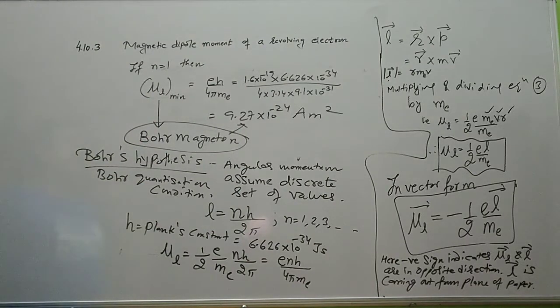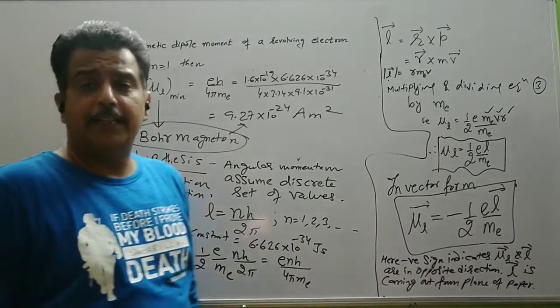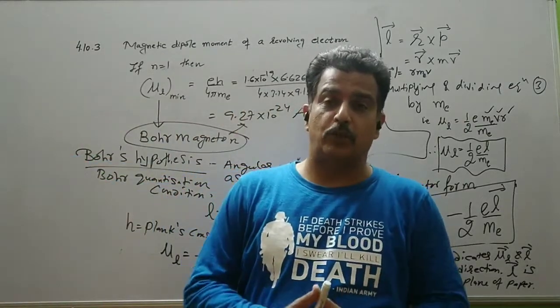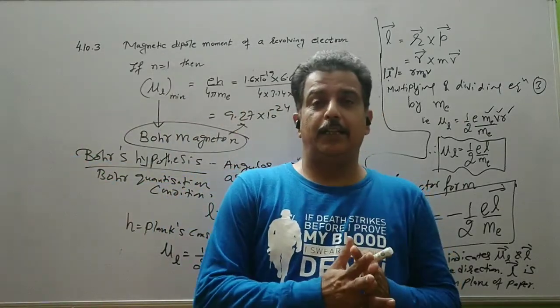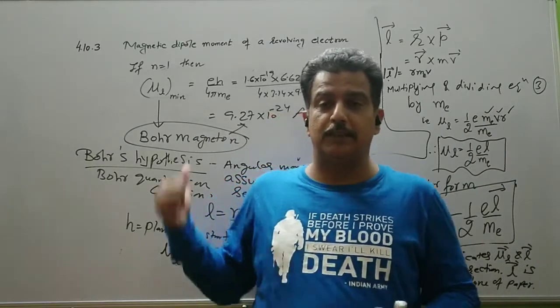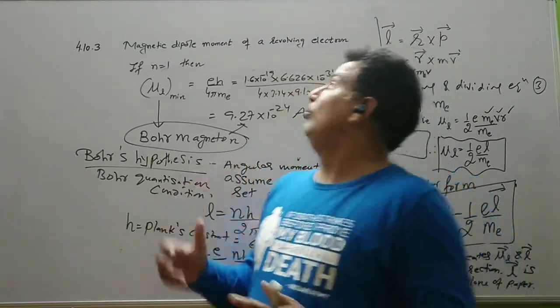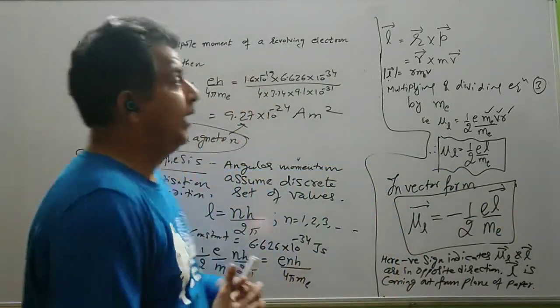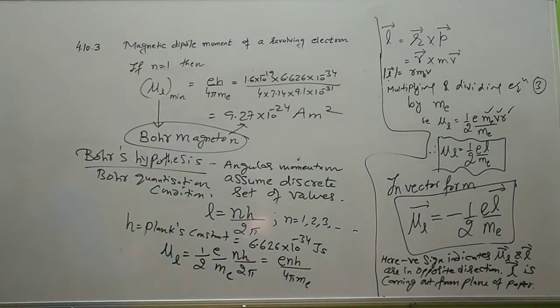So this is all about the magnetic dipole moment of a revolving electron. On the other hand, we have a spin magnetic moment also. At the same time, elementary particles like the electron also possess a spin magnetic moment.